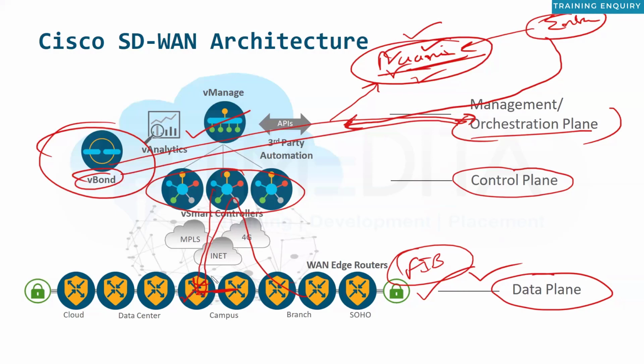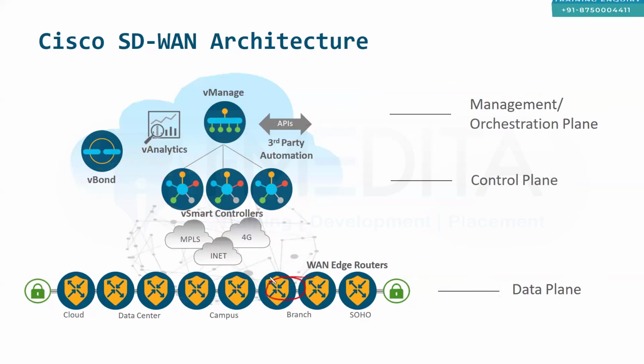And one more thing that you need to understand: when I say that control plane is being offloaded, don't think that there is no control plane available on the router anymore. The control plane is still there. Even the management plane is there. You can access this router using SSH, right? Even the control plane is there, because as I told you, OMP, the Overlay Management Protocol.